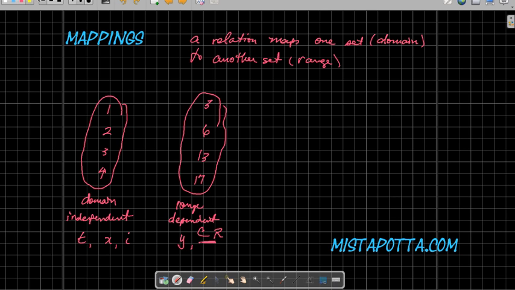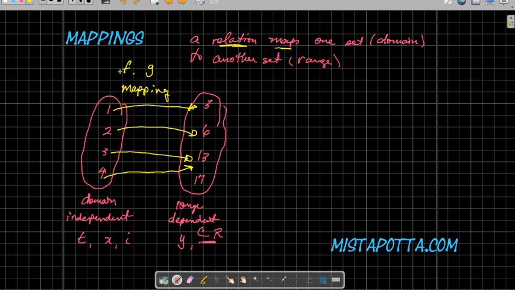And when we're trying to talk about this relation that maps, the 1 goes with the 3. The 2 went with the 6. The 3 went with the 13. The 4 also went with the 13. We'll call this a mapping. And we'll often use letters like F or G or other letters like that to represent this.